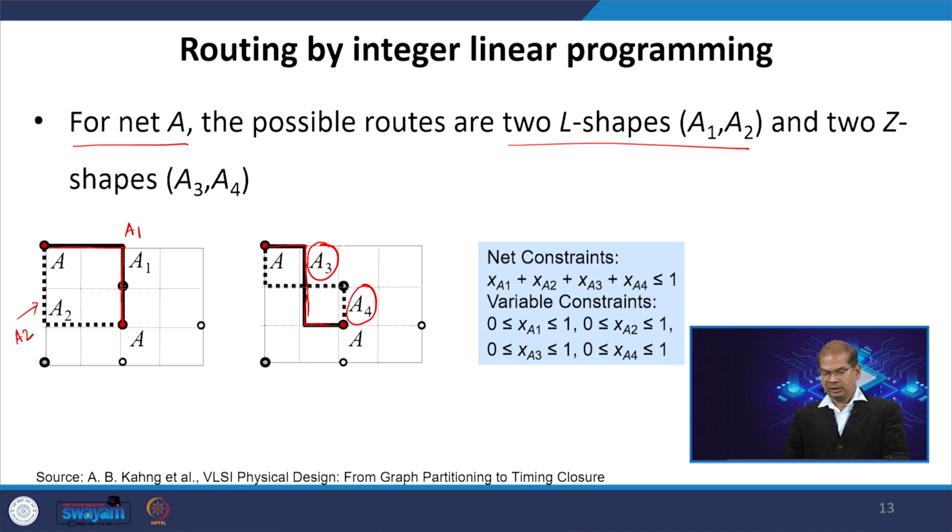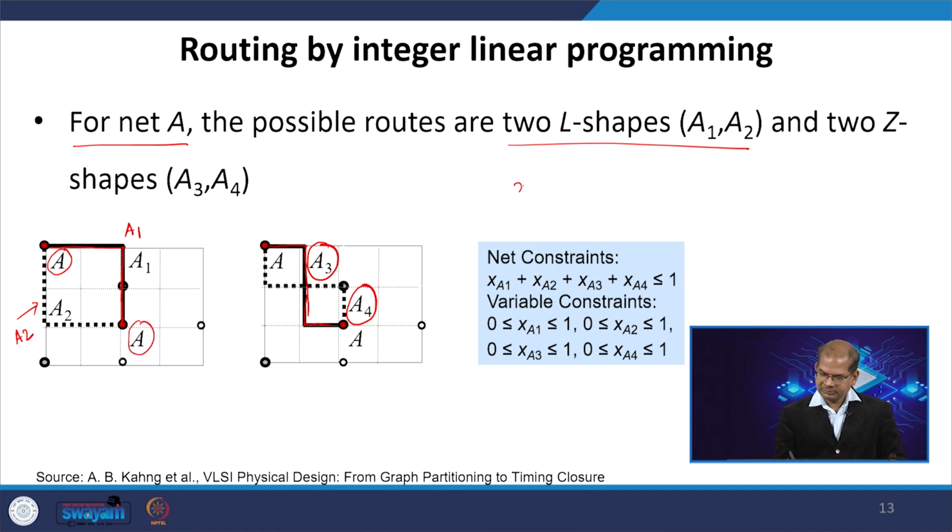So, the constraint here is that we have 4 possibilities. One of them will be 1, because I need only one interconnection for the net A. So, one of them should be 1 and the rest will be 0.